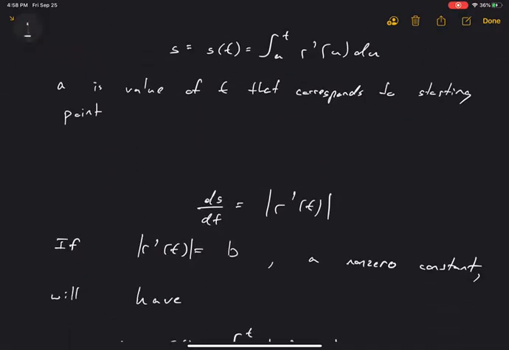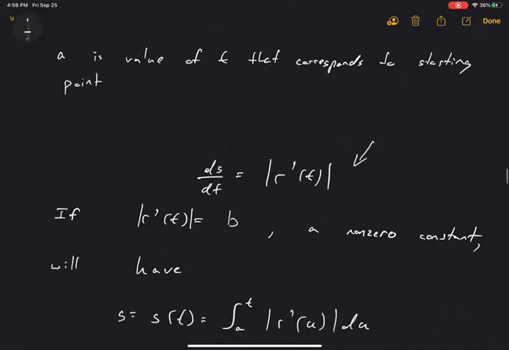Then I expect ds/dt is equal to this magnitude of r prime of t. Now, let's assume for a second that t is my arc length parameter, then I want this to be equal to 1. This should be equal to 1 if t is the arc length parameter.